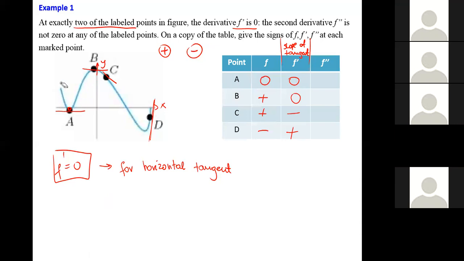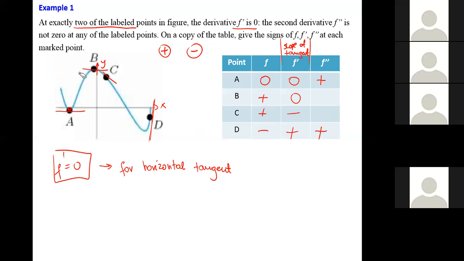Point A is placed on the function at a point where it is bended up, concave up, so it's positive. And what about D? D is also placed at a point where the function is concave up. Now, B is also obvious because the function is definitely bended up.